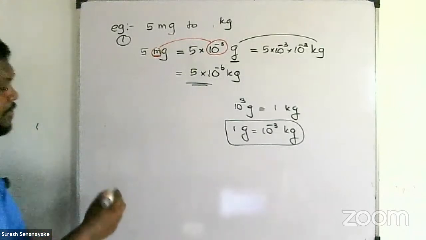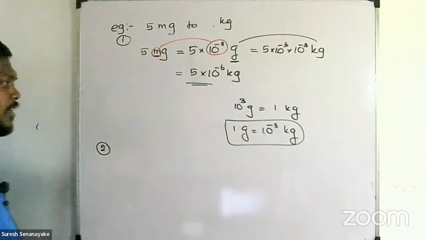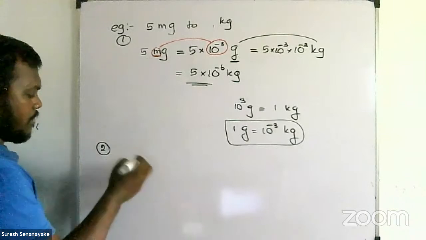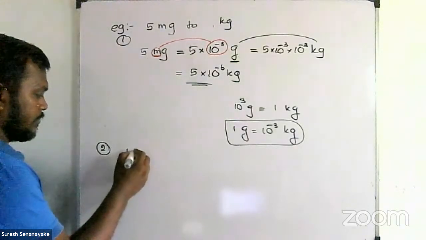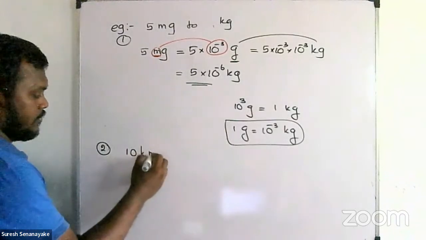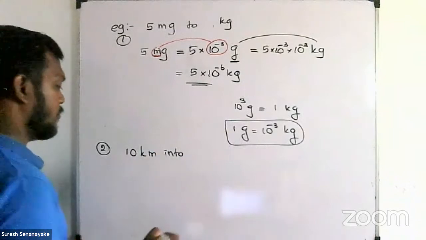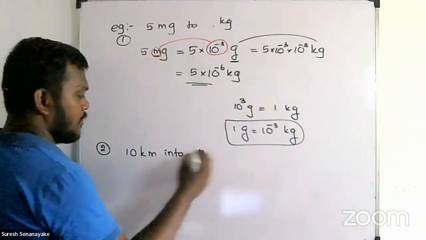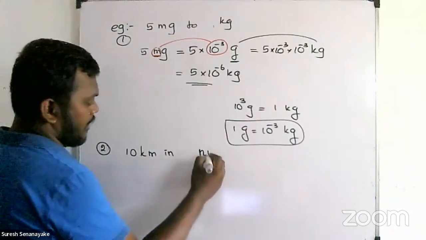Okay, do these examples. You can write as a question. Convert the following units. 10 kilometers in nanometers.